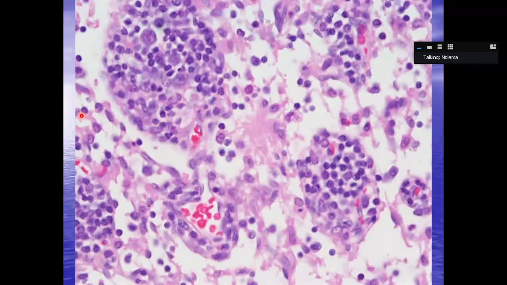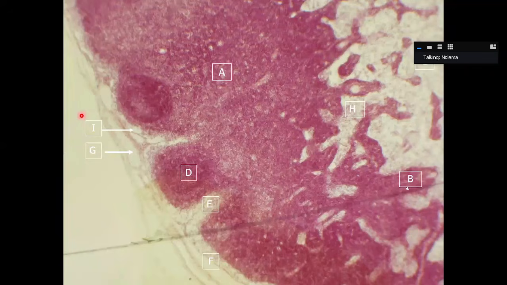Outer cortex, inner cortex containing T lymphocytes and high endothelial venules, medulla containing medullary sinuses and medullary cords. So these are divided.